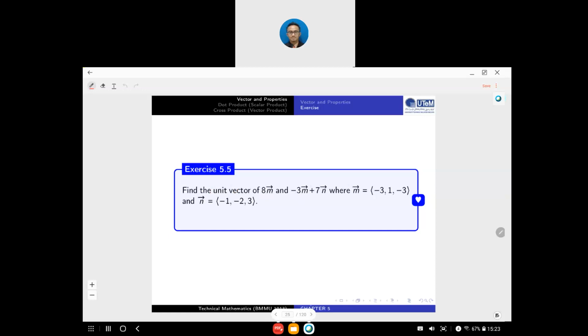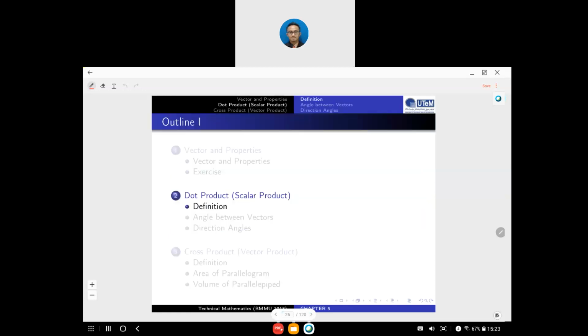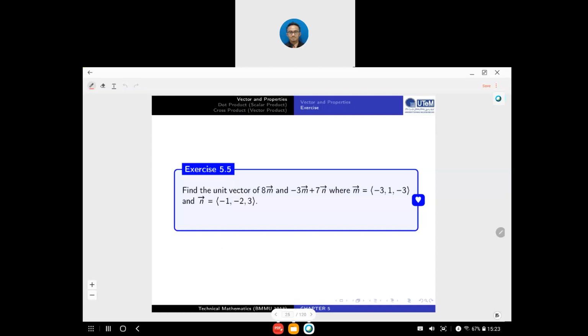For the unit vector of 8m, you need to find the magnitude of 8m first, right? The magnitude of 8m, you get (-24, 8, -24)... the magnitude is 8 times 19. So this is the magnitude.